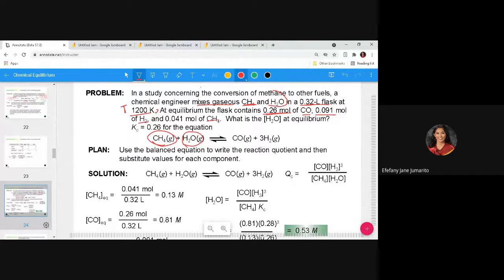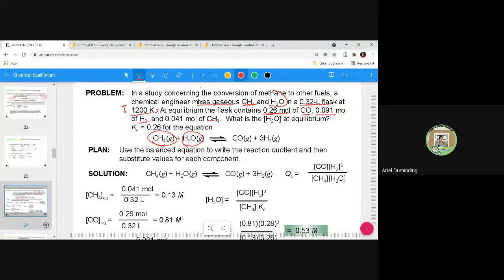Now, in a 0.32 liter flask, at equilibrium, what is the mole of CH4? 0.041 mole.